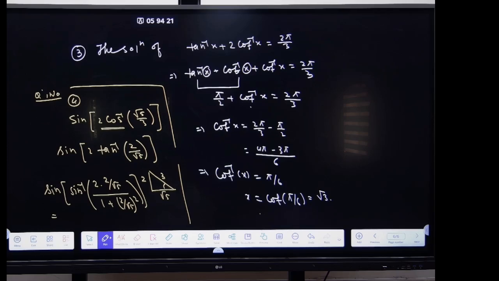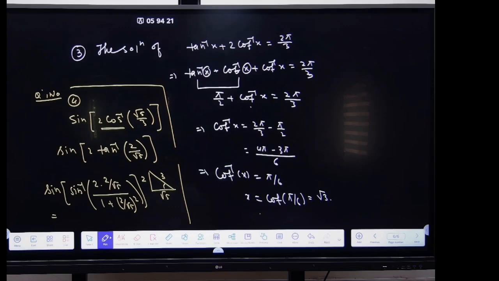Yes, next question, how to solve? Outside is sine and inside now here 2 cos inverse x is there. There 2 sine inverse x is there. No, but 2 is there. Where you will throw that 2? So 2 I have 2 tan inverse x formula. Can we convert sine inverse in terms of tan inverse? Yes. Then you apply 2 tan inverse x this formula.